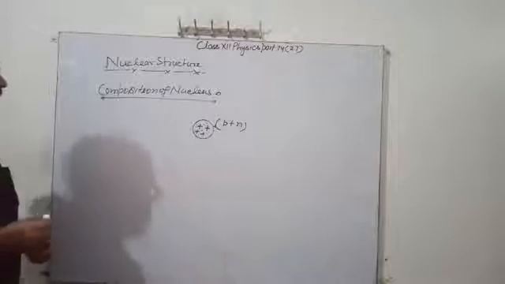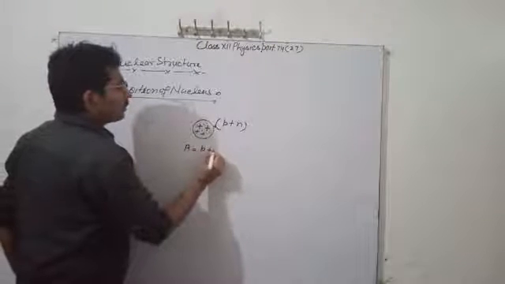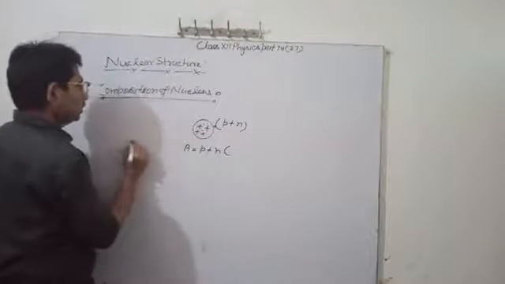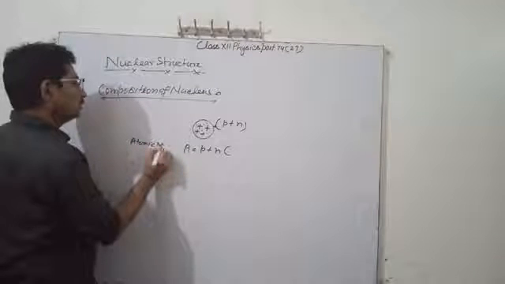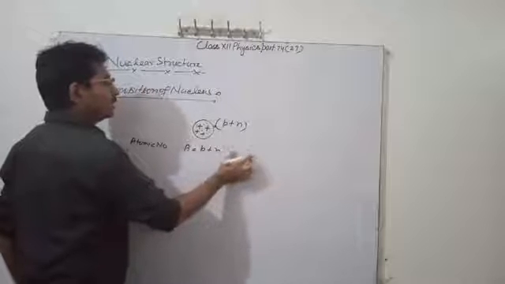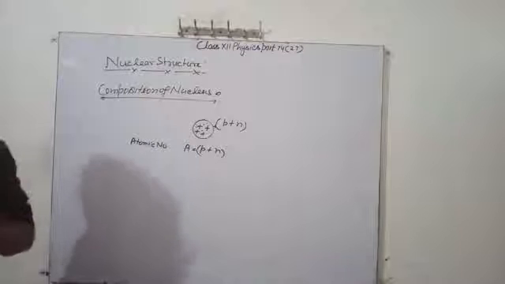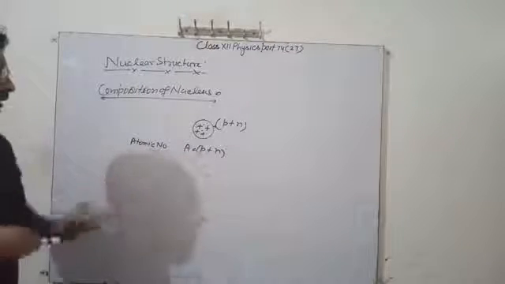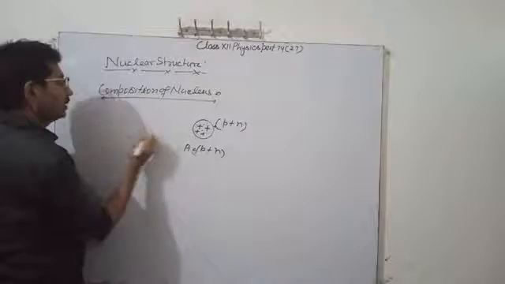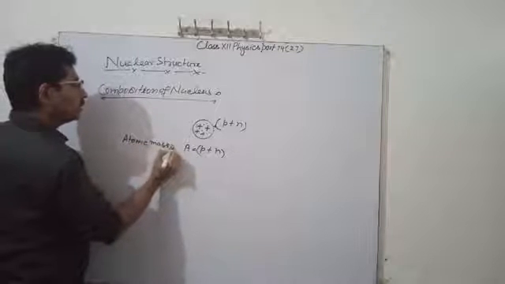That is, the sum of the number of protons and neutrons is the mass number. A is the atomic mass number.